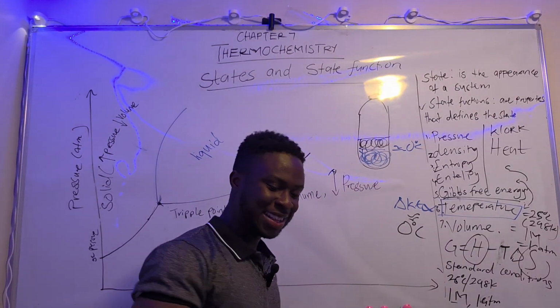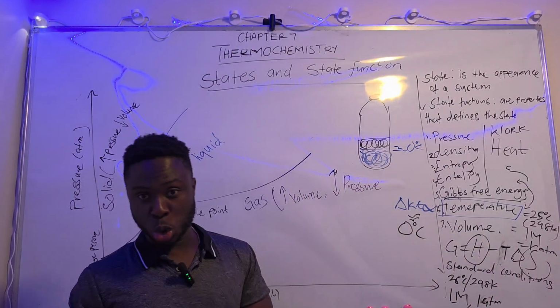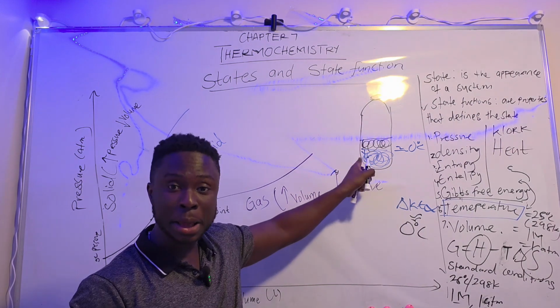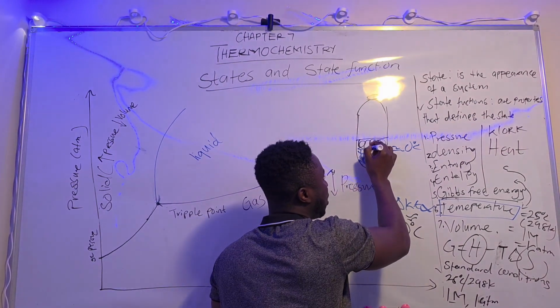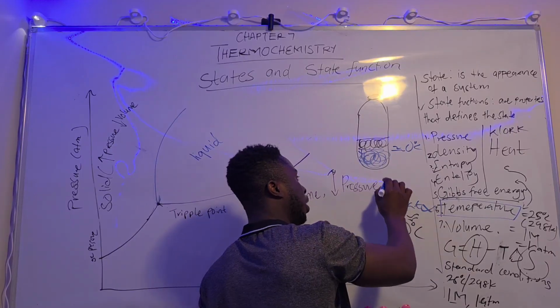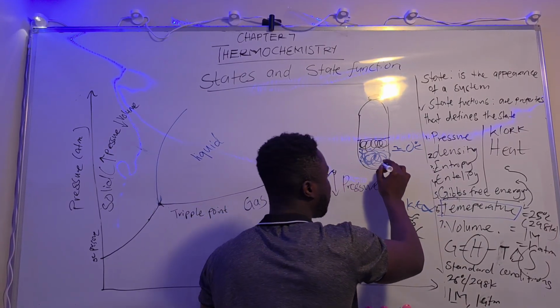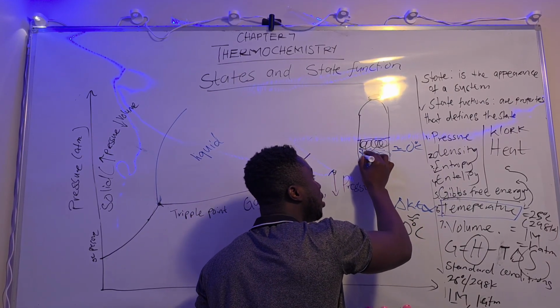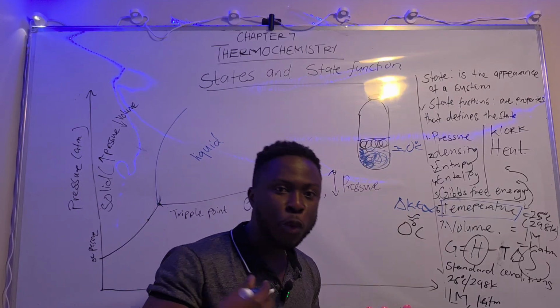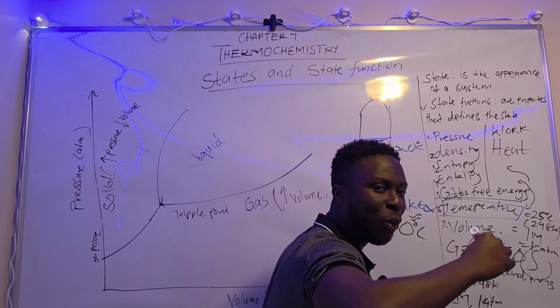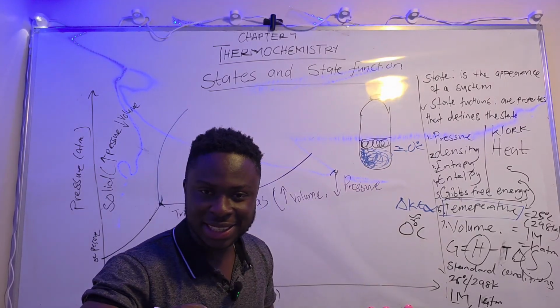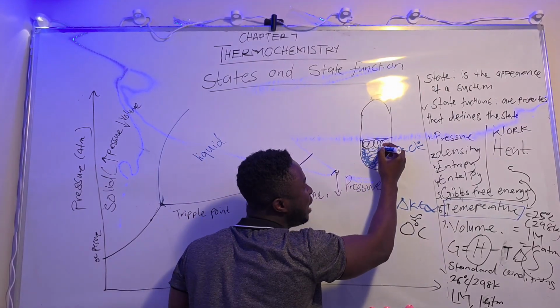What happens is that if everything is kept constant in this system, the water over here, under normal circumstances, is going to lose energy, right? Once they lose that energy, they turn into ice.